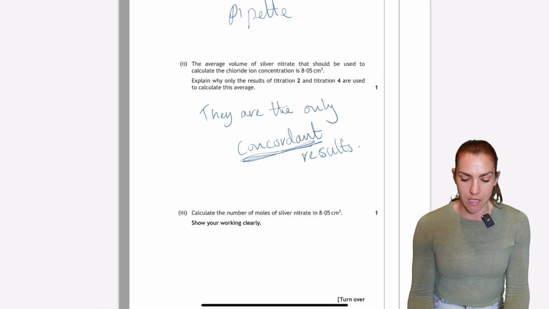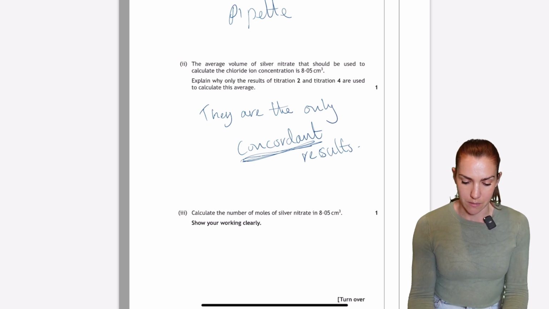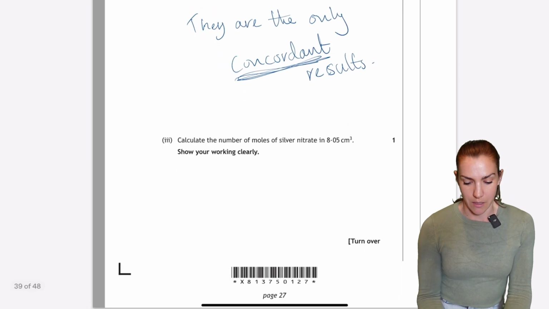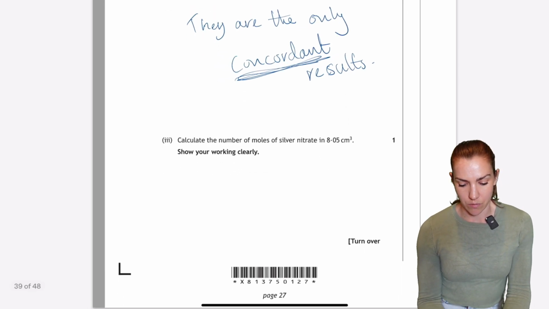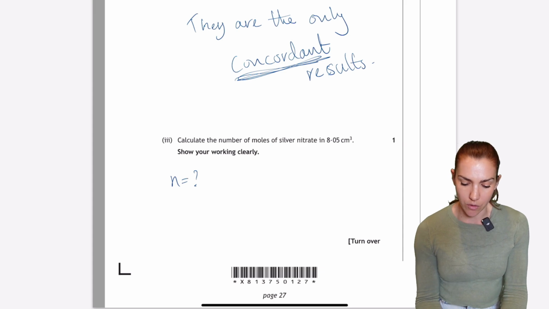So then part 3, calculate the number of moles of silver nitrate in 8.05 centimetres cubed. So if we take the numbers that we've got here out of the question, we were asked to calculate a number of moles, so I'll put n equals question mark. We've also then got a volume, so volume equals 8.05 centimetres cubed.